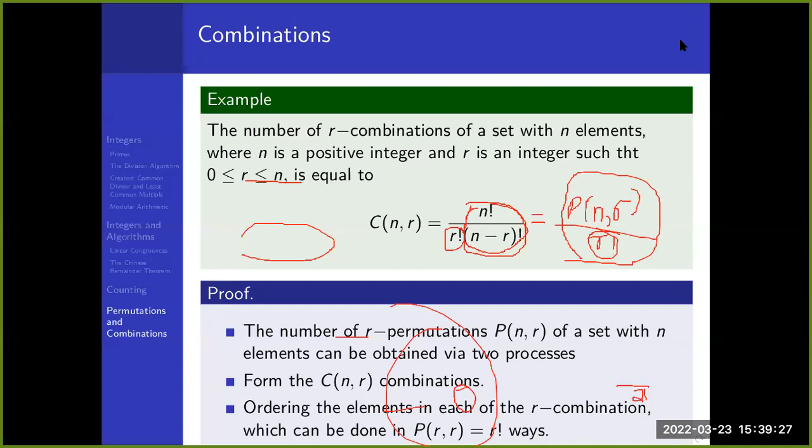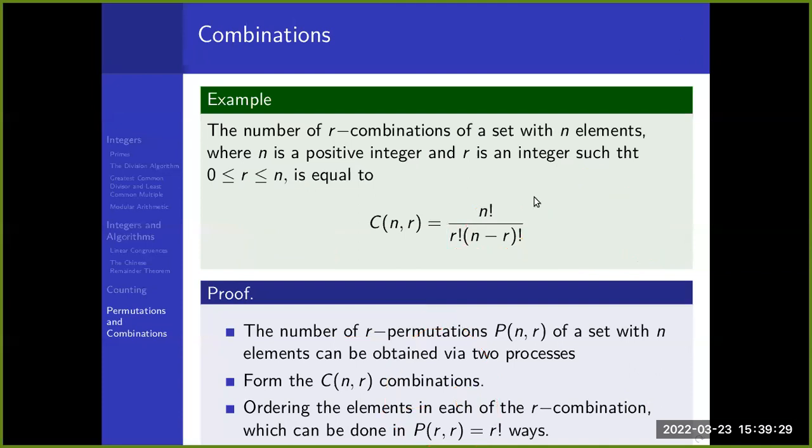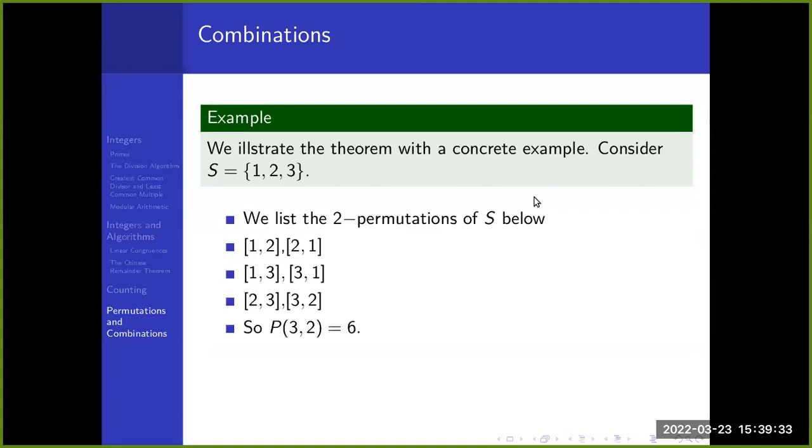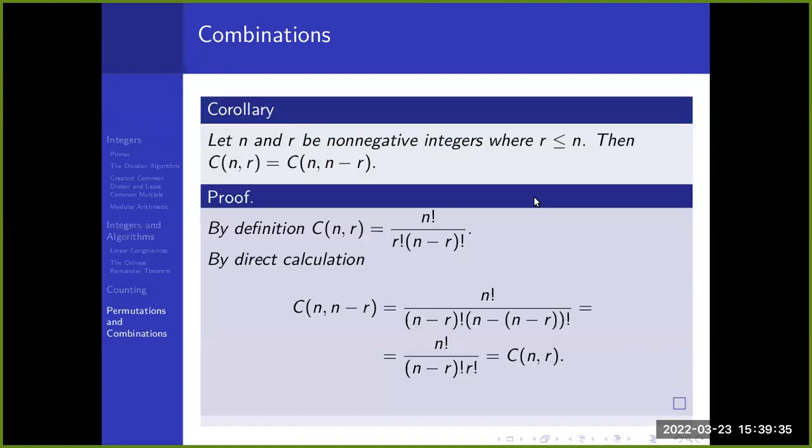So let's clear all the drawings. This is what we have just looked at. Here is a corollary. It says if n and R are non-negative numbers where R is less than or equal to n, then these two quantities are equal. The number of R combinations from a set with n elements is the same as the number of n minus R permutations from a set with n elements.